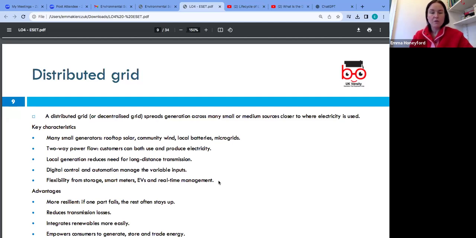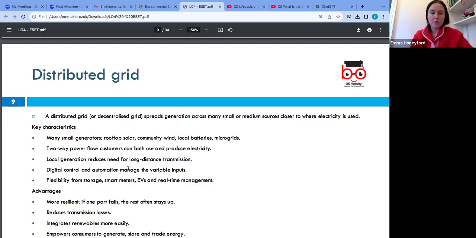Local generation reduces the need for long distance transmission, so you're not going to have that kind of energy loss if you are using local energy supply. It's also flexible, with storage, smart meters, EVs and real-time management.